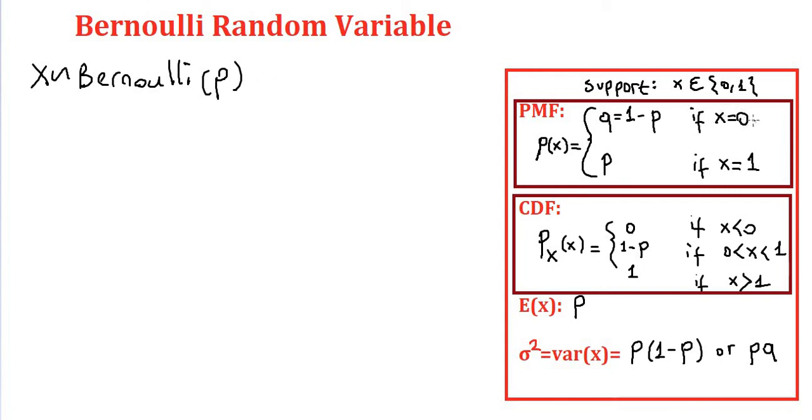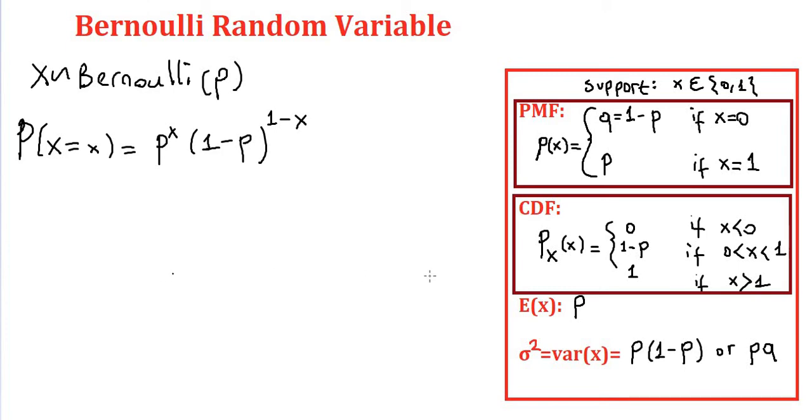We have either 0, which is failure, with probability 1 minus p, or q, and we have success, with probability p, where the outcome is 1. The probability that X is equal to little x is given by p to the x times 1 minus p to the 1 minus x.